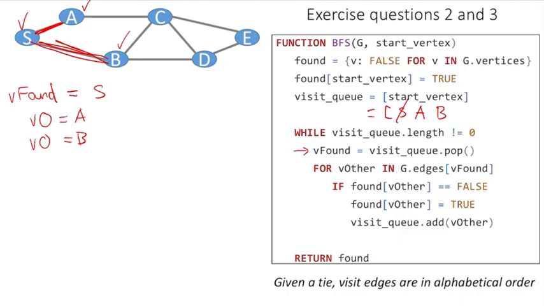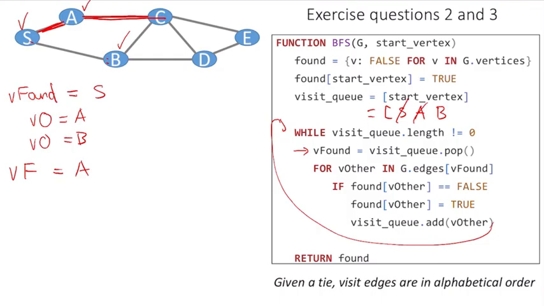Now, when I come back to the top of the while loop, after I've looped over all of S's edges, I'll pop off a vertex, which is going to be A this time. So we'll say vFound is equal to A, and we'll look at all edges connected to A, which are these two. If we're doing this alphabetically, like I've got down here, we're going to go to C first.